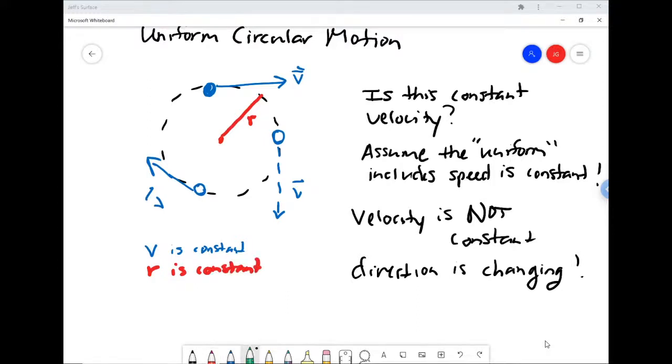If those two conditions are met, you can show there's a center pointing acceleration at any moment of time. This is called centripetal acceleration. Centripetal means center pointing.